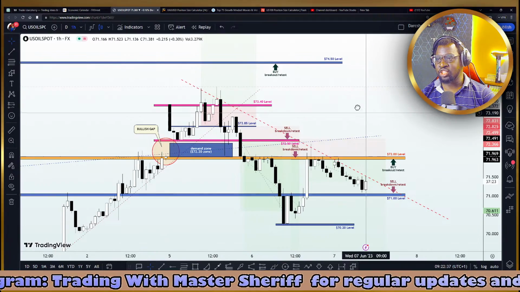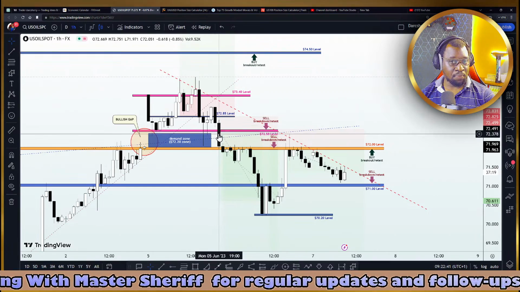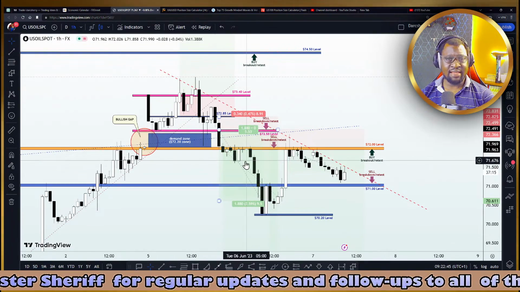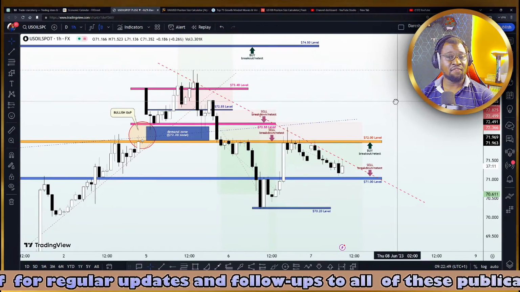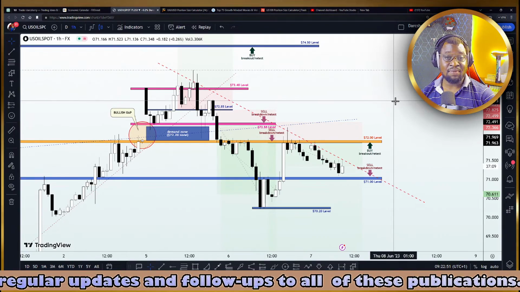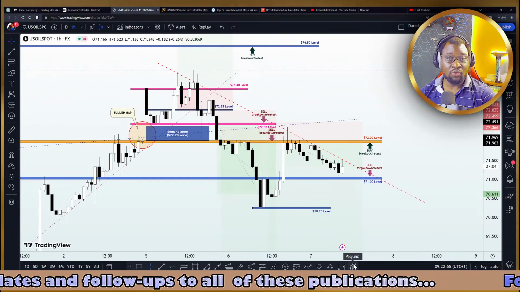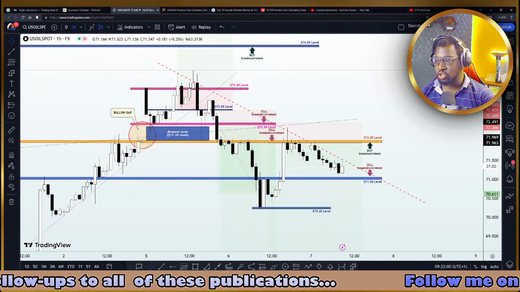Now, we saw the situation yesterday on Tuesday, where price action broke down our support line, which helped us to trigger our sell position. And since then, it has been looking bearish in this market. And coupled with the fact that price action remains below our key level, remember, if price action remains below the key level, we have no other choice than to look out for selling opportunities.